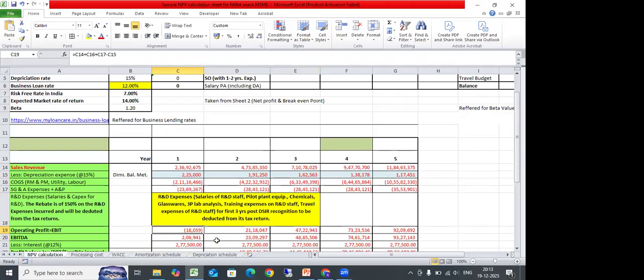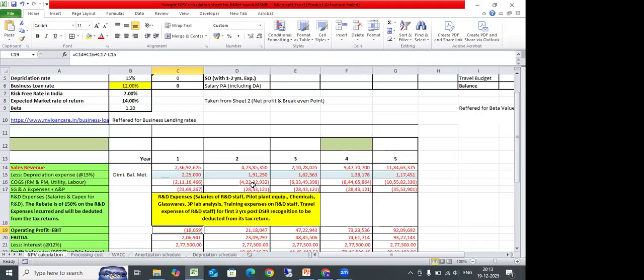We come to operating profit, EBIT. And what is EBIT here? C14 is your sales revenue, plus C16, which is your COGS, which will get subtracted because it is in brackets, a negative sign. C17 will get subtracted. And then C15, which is the depreciation, I am subtracting to calculate my EBIT.